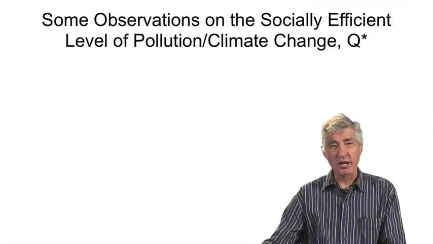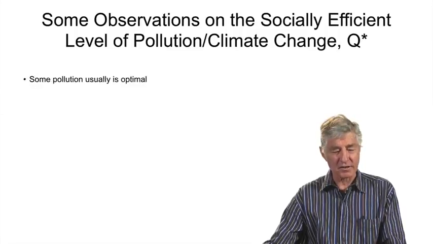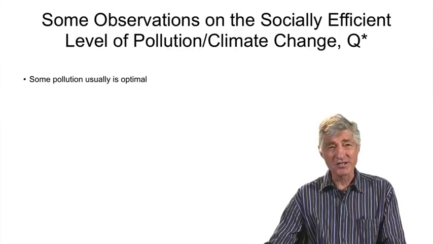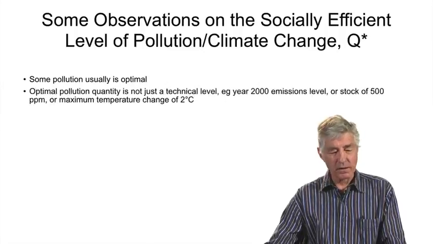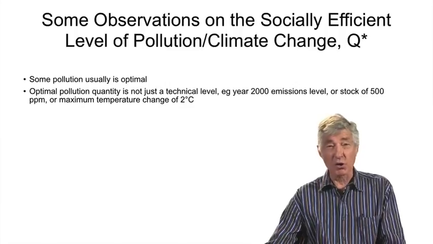So pulling this story together, what are some observations on the socially efficient level of pollution, Q star, relative to the old market system? Well, first, you don't reduce pollution to zero. Normally, some pollution is worthwhile. Second, we can tell that the optimal pollution is not just a technical level. For example, the Kyoto Agreement said we ought to get back to 2000 level pollution.